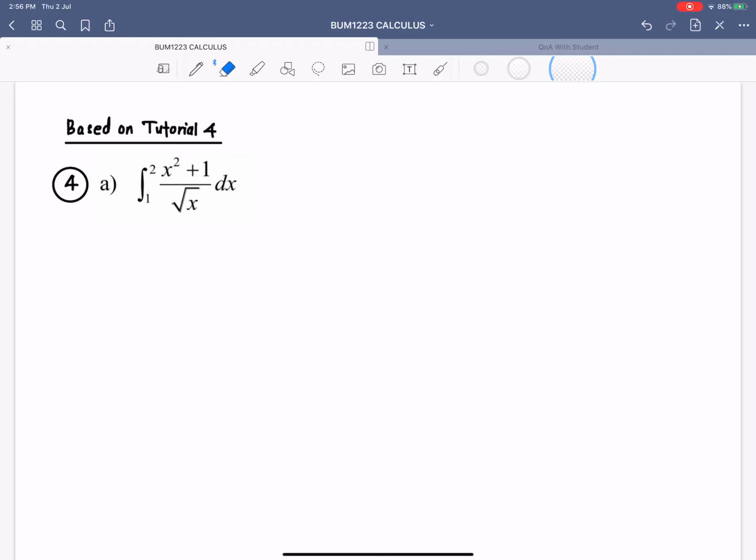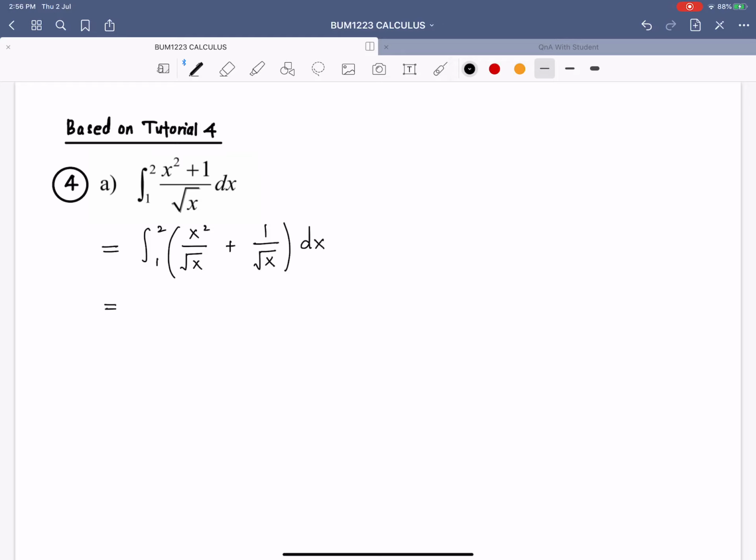What we have to do first in this question is rewrite the function. So it is equal to integration from 1 to 2, where we split the function into two parts: x squared over square root x plus 1 over square root x, dx. Sorry.